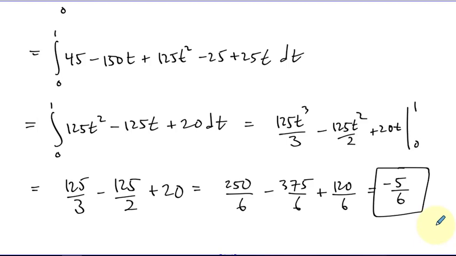So there it is. That particular line integral is equal to negative 5 over 6. But what the heck does that mean?